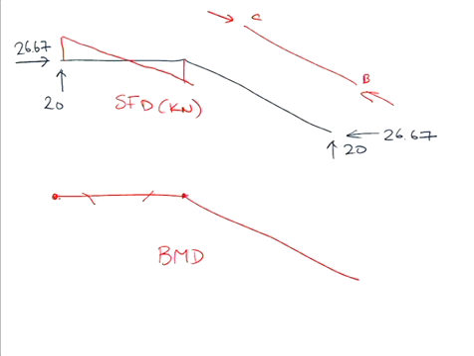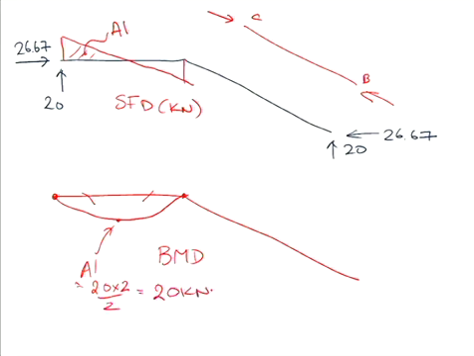So because my shear force is linear, my bending moment is a parabola. So there's my bending moment diagram. In terms of the value here, that area in here will give you the value of the moment here, area 1, which is equal to 20 times 2 metres divided by 2, which is 20 kilonewton metres.